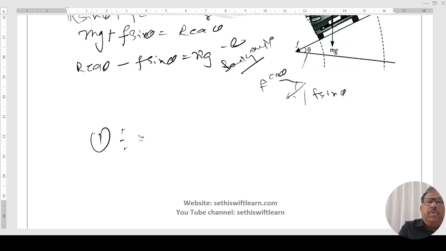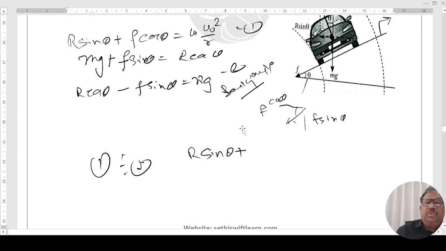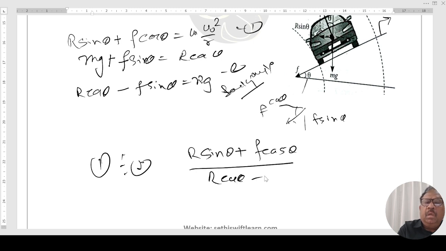So 1 divided by 2 comes out to be R sin theta plus F cos theta divided by R cos theta minus F sin theta equals, m cancels, v naught square by r g. Right?